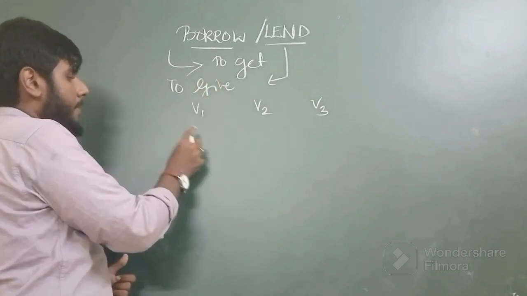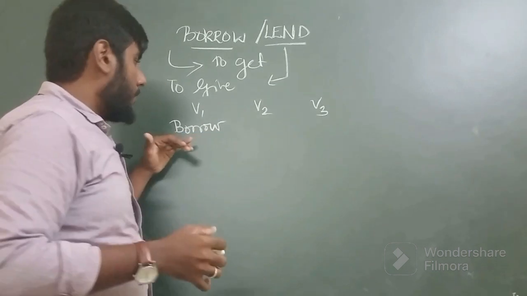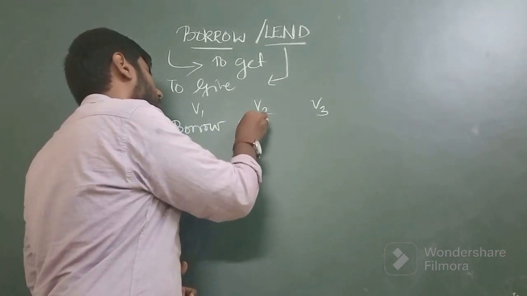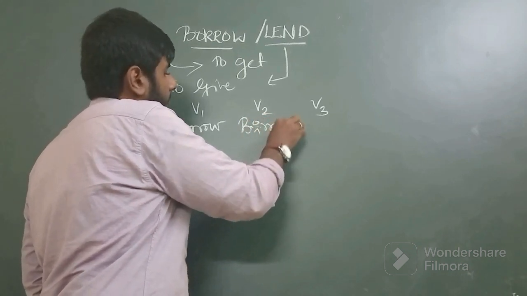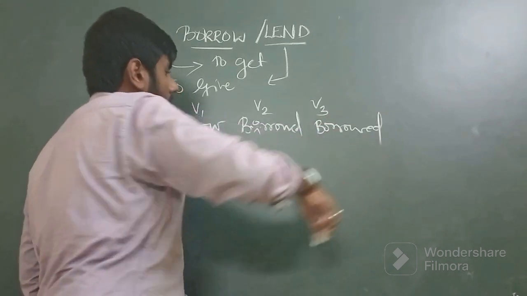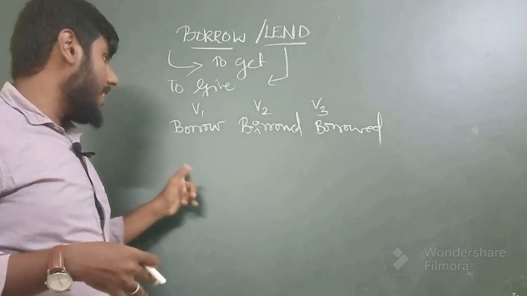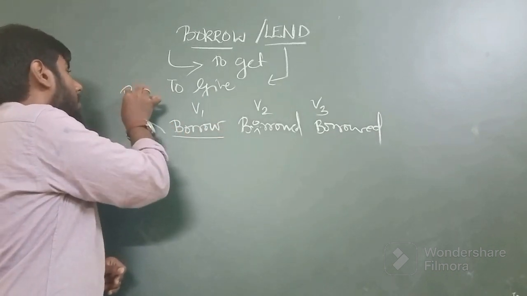The V1 or the base form is the word itself. So borrow is the base form or V1, while V2 is borrowed, and V3 is borrowed as well. You also need to note another point: this verb belongs to the category of regular verbs.